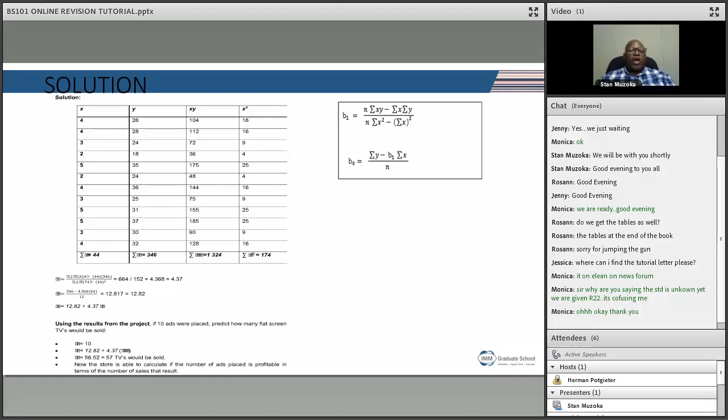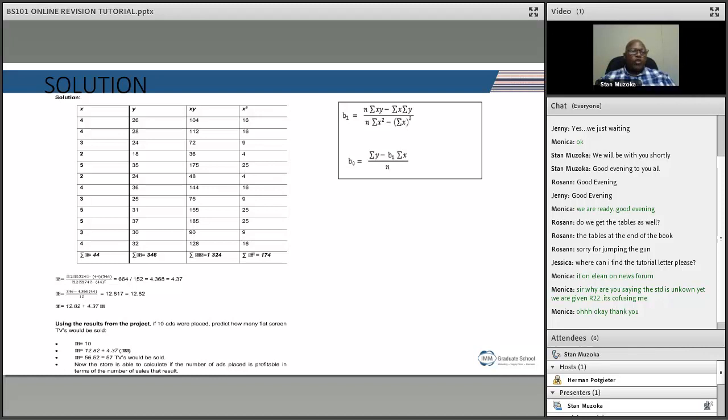We substitute those values into the formula. Once we have done that, we carry out the calculation and we get our B1 being equal to 4.37.